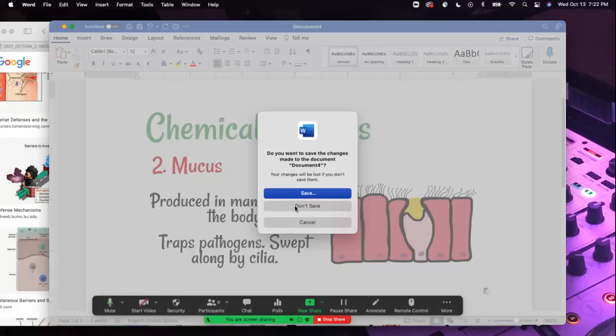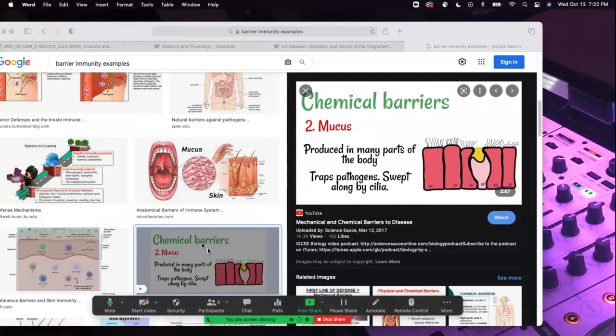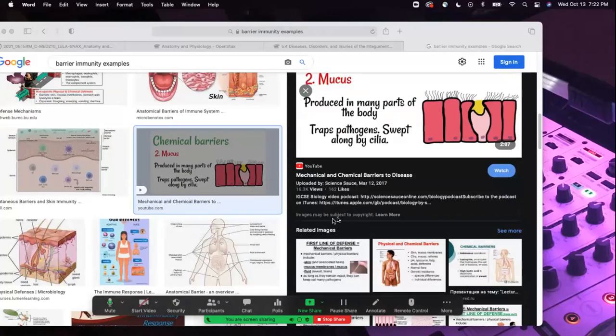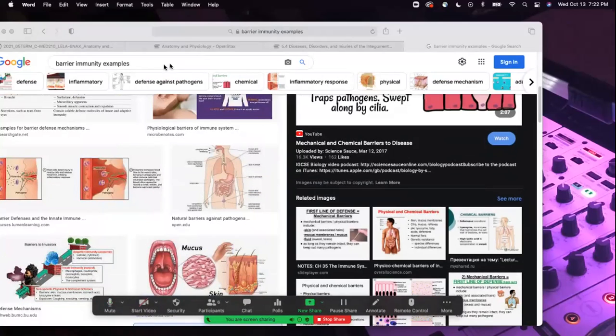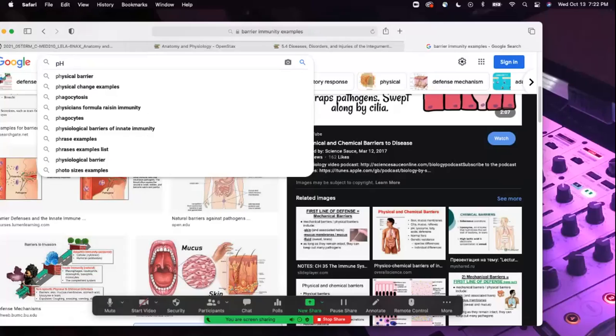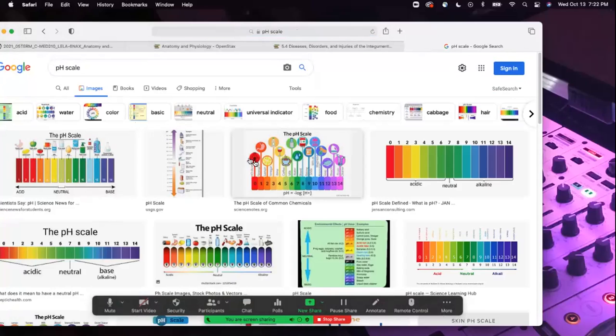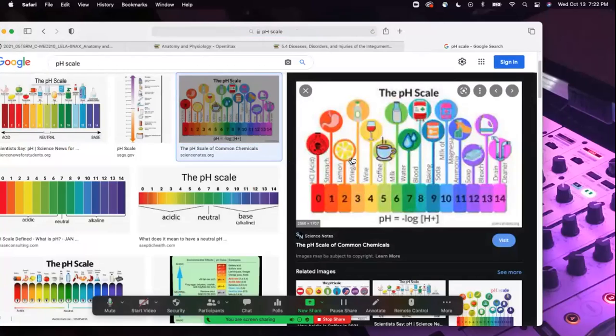Another thing that is also part of one of your first lines of self-defense is your pH. Now, what's your pH? Human beings are in the middle. Their pH is around 7.4, give or take.